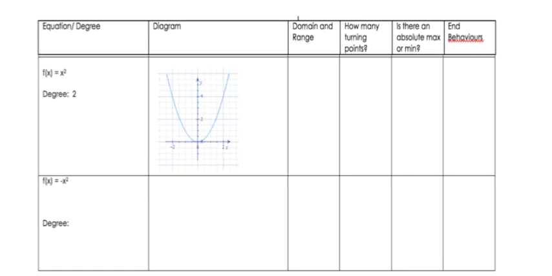Moving to x squared, a quadratic function. And as you know, it has a parabolic shape.